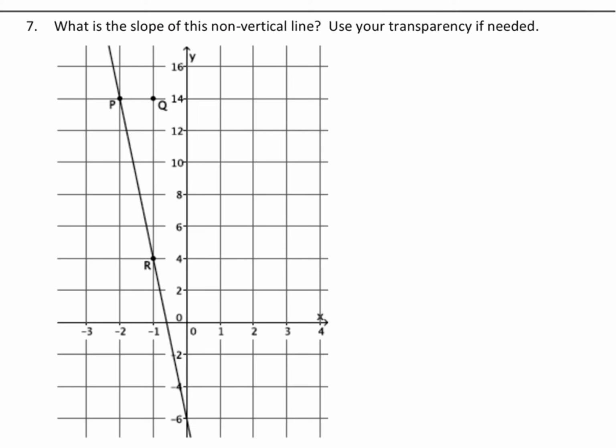For this one, starting at the left point and heading to the right point means I have to go down and then over. Down tells us we need a negative. The change in the vertical is 2, 4, 6, 8, 10, so down 10 and over 1.